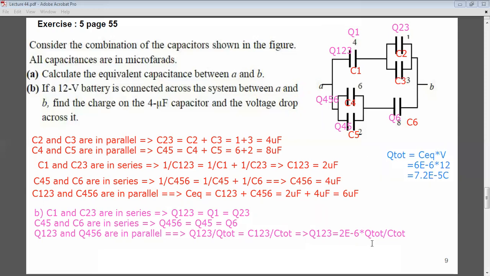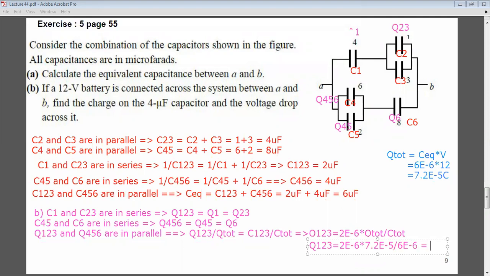Okay, so I come to this equation. So implies Q123 is equal to 2e to the minus 6 times 7.2e to the minus 5 divided by C equivalent or C total, which is 6e to the minus 6.